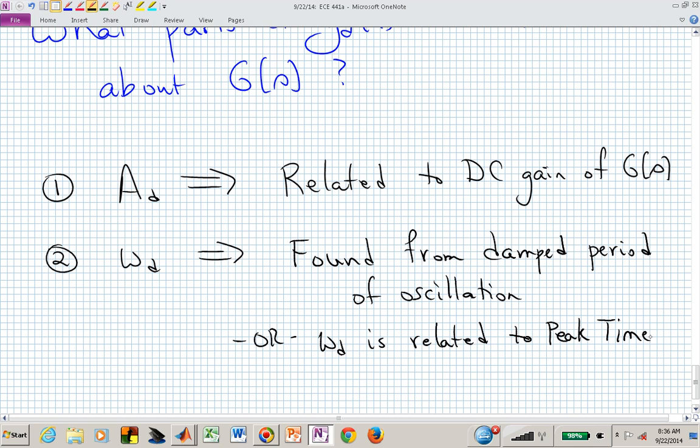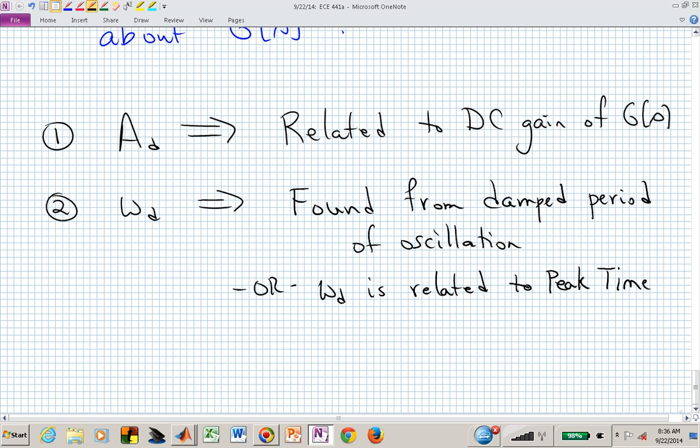So if we can now measure the period between bumps or maximums, or if we can measure the peak time, we can now figure out what omega sub d is. So all of these are giving us information in the frequency domain and the time domain.